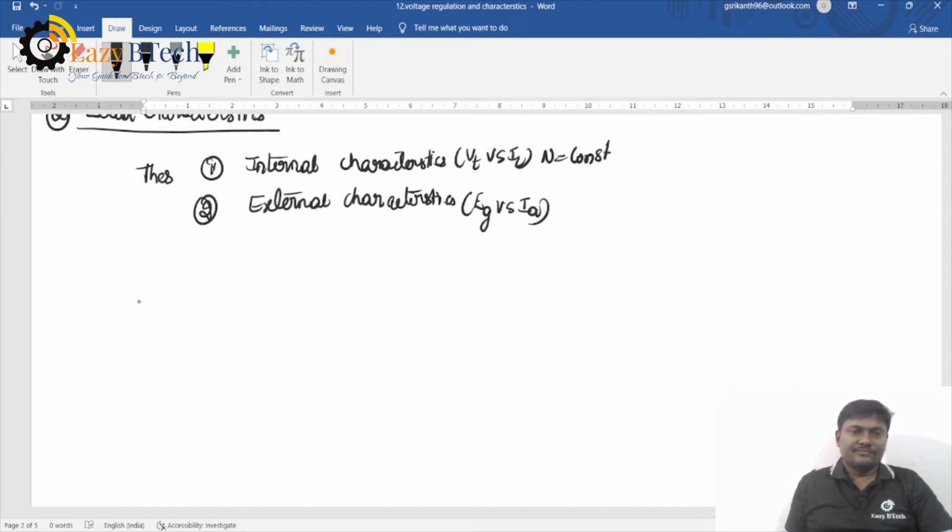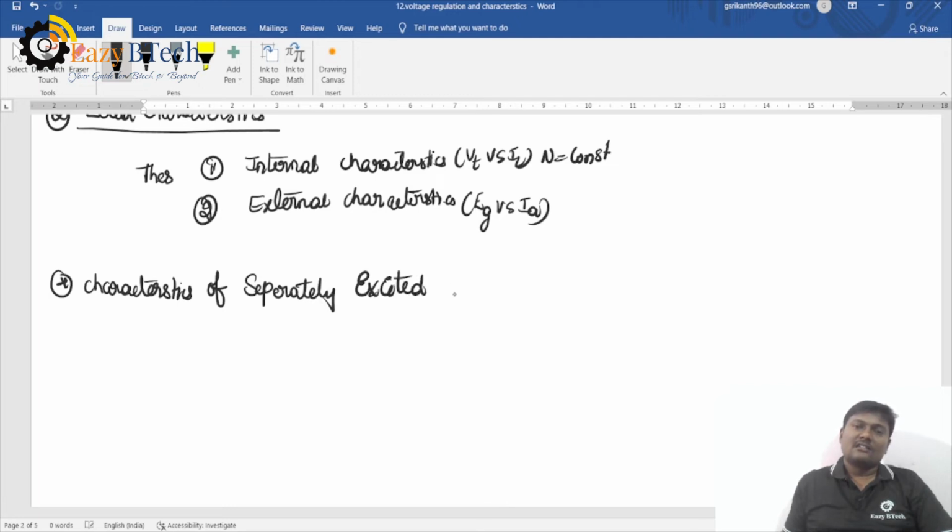So here the first characteristics are of the separately excited DC generator. The armature generates the voltage.